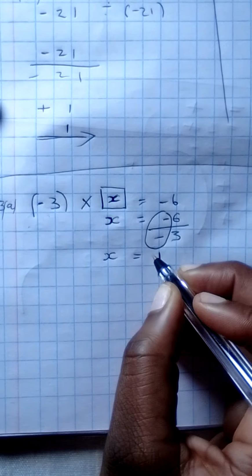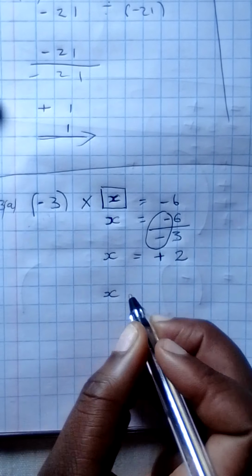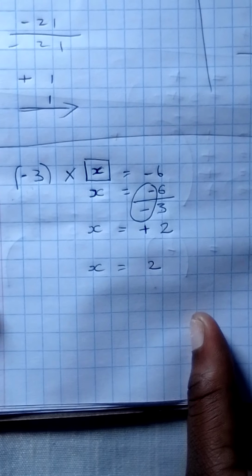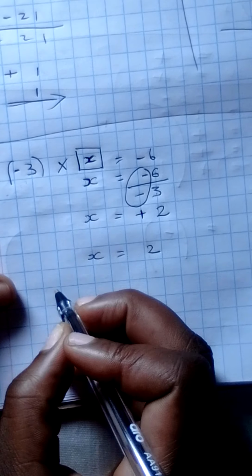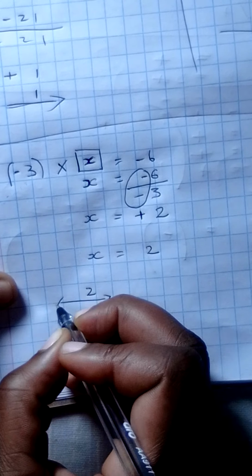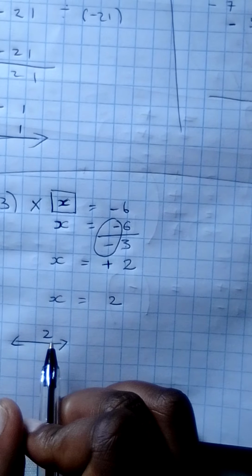We put a positive sign there. 3 into 6 is 2, right? So our x is equals to 2. Where do we get this x? We said blank, we're gonna call it x, right? So now we know that our answer is 2. The question is asking us to fill the blanks. So our answer is 2.